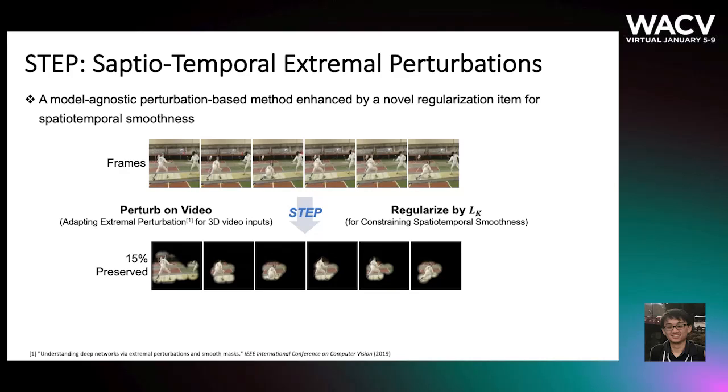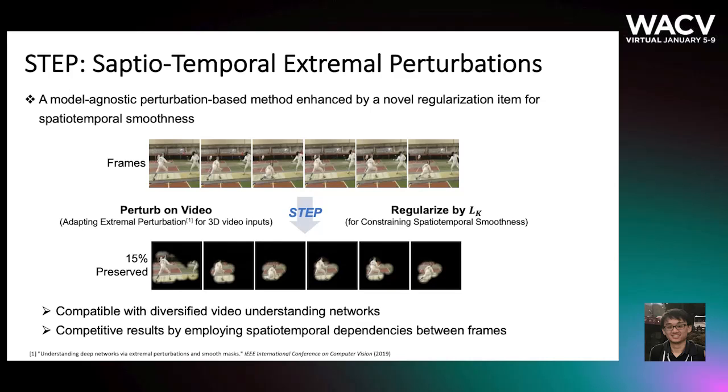Since it generates results only via iteratively perturbing on the video and observing the corresponding output, it can work for any networks without knowing the internal architecture. Also, the proposed regularization item enhances the method to achieve competitive results by employing spatio-temporal dependencies between frames.